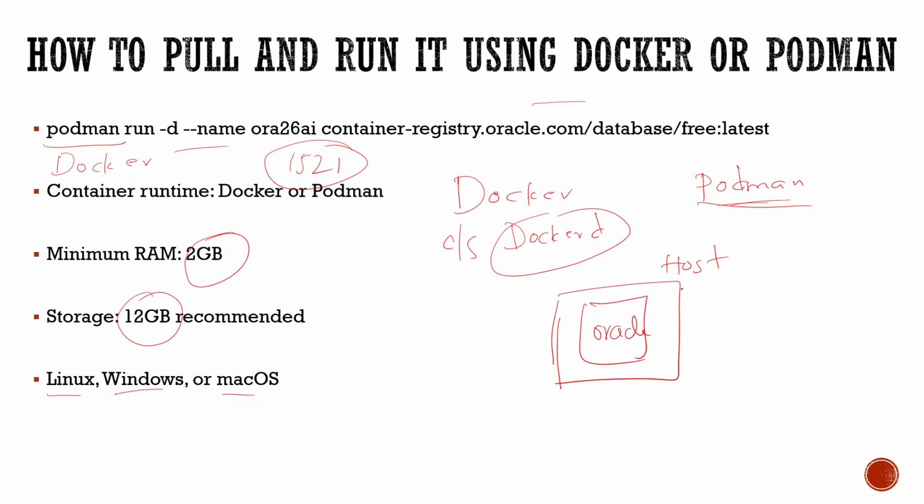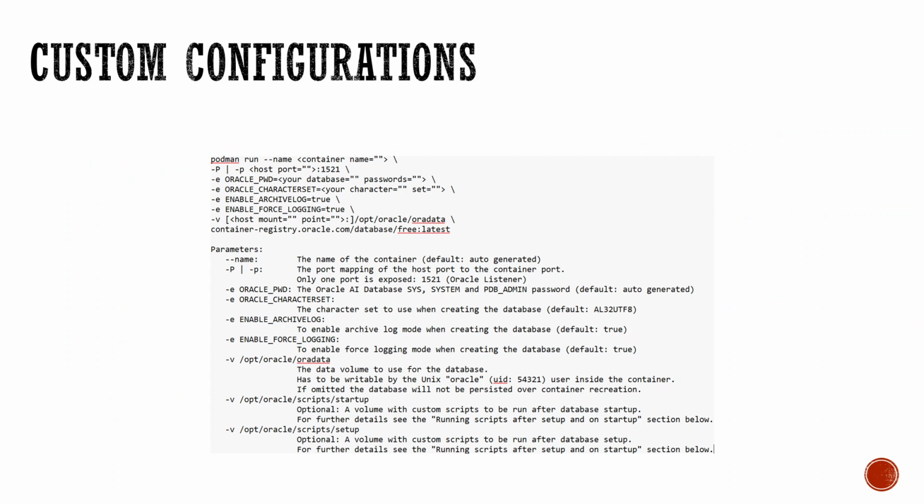When you install with this method, it will assign 1521 to the container, but it will not assign the port to the host. In order to avoid this, we need to make use of custom configuration. I will show you the demo on how to use custom configuration to install the database.